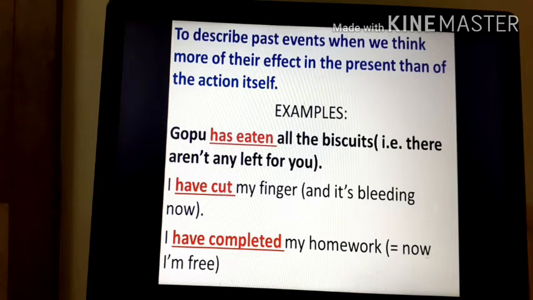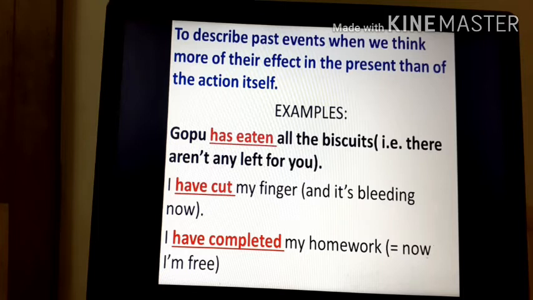Well, when did the subject finish her or his homework? Maybe 10 minutes ago, 20 minutes ago. But that is not important. What is important is the completion of the homework. Maybe you finished it just a few minutes ago, but we are not saying the specific time here.